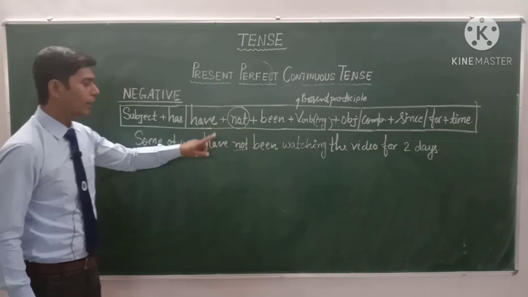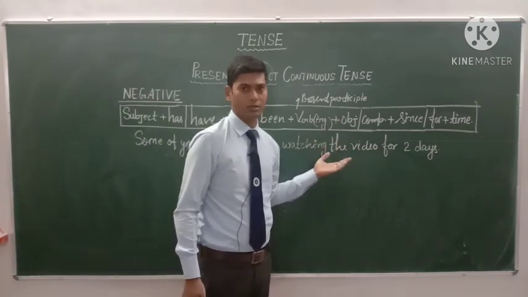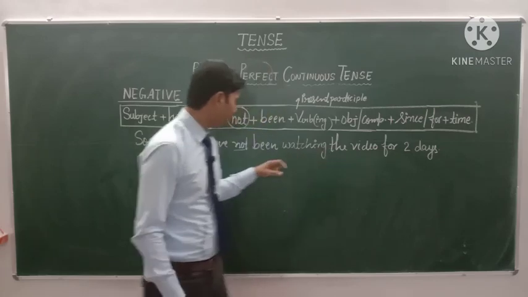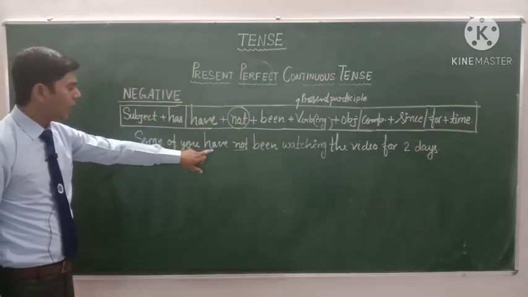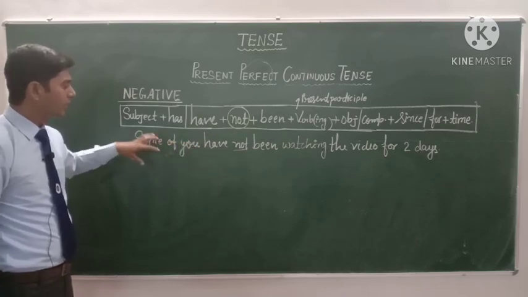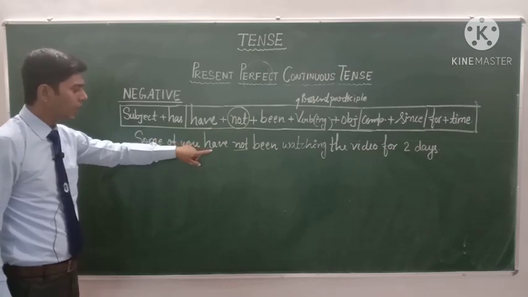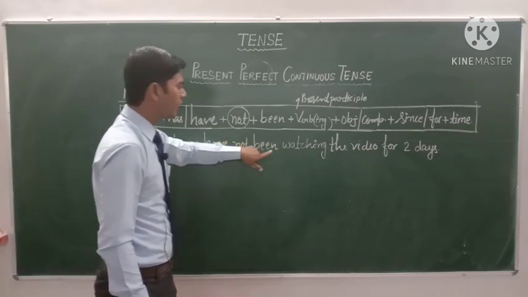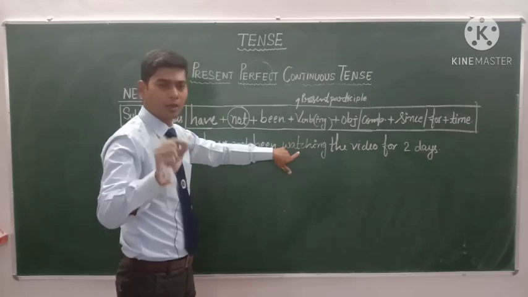Some of you have not been watching the video for 2 days, right? Here is the word have, because the subject is considered as plural, so that I mentioned here have, and there should be not been, and it is the present participle form of the verb.